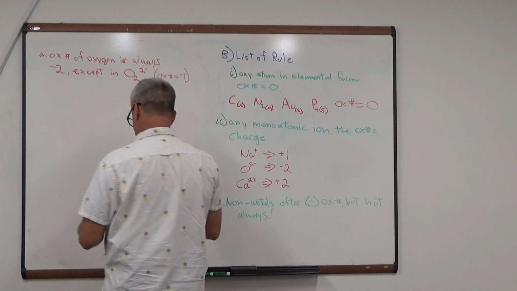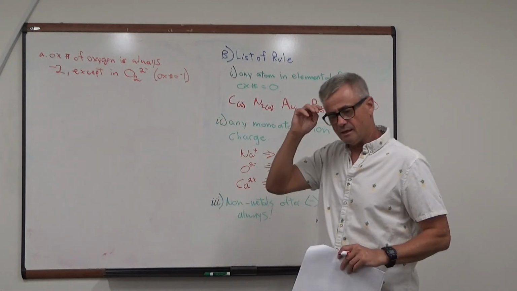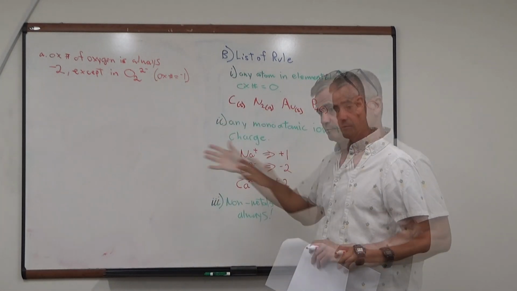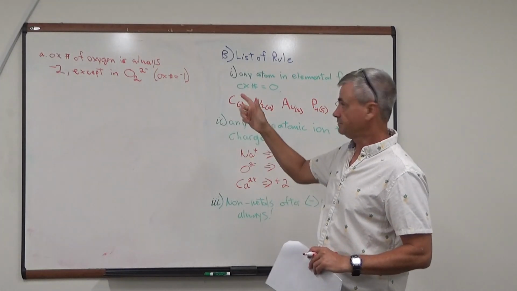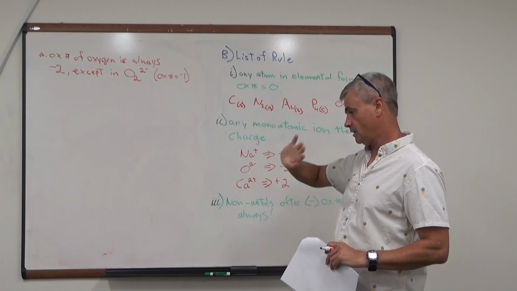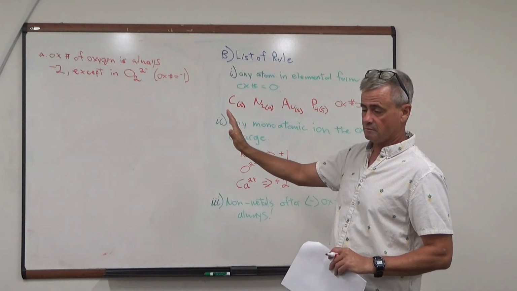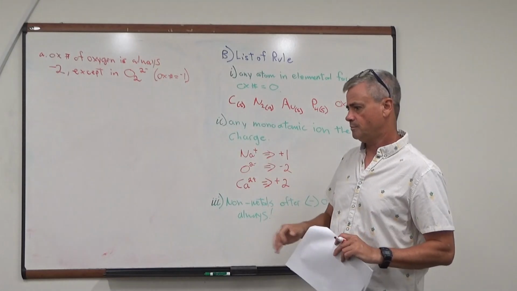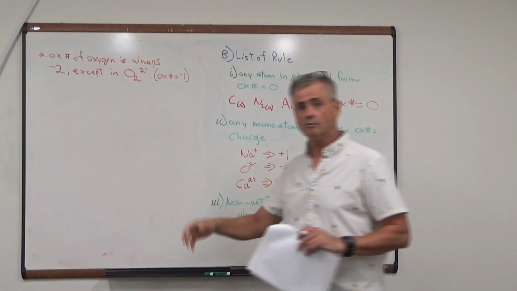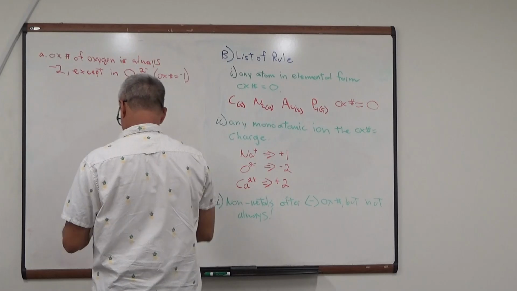Other than that, it's -2, and in figuring out the oxidation numbers of a compound, that can often help by starting out with, okay, I know what the oxidation state of oxygen is, and then you work your way, by process of elimination, to figure out a harder atom. Okay.